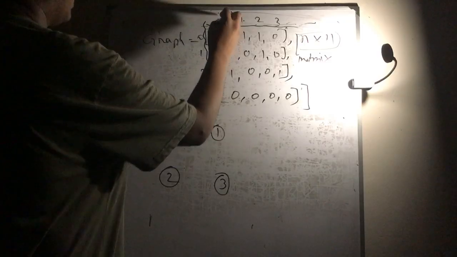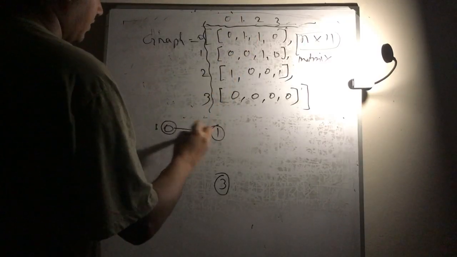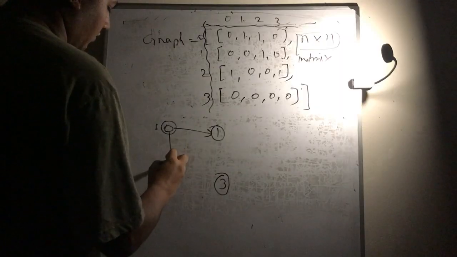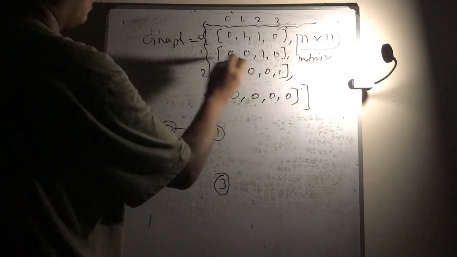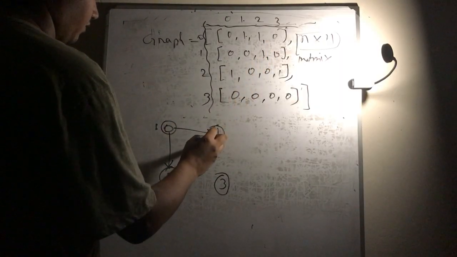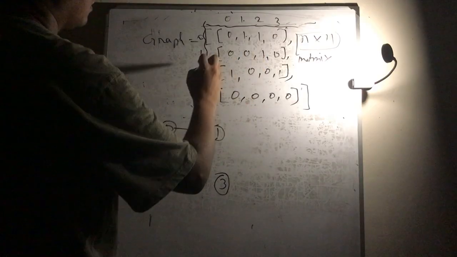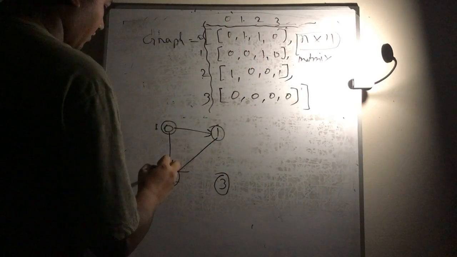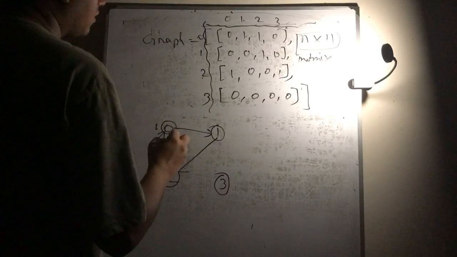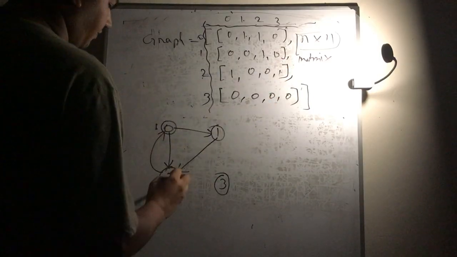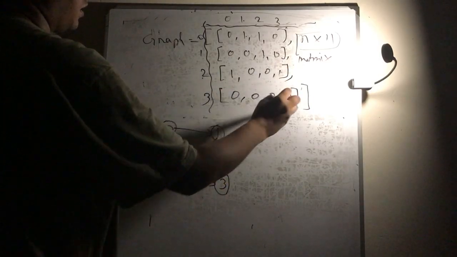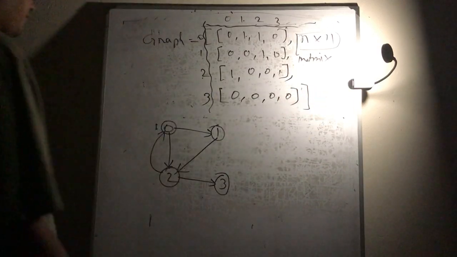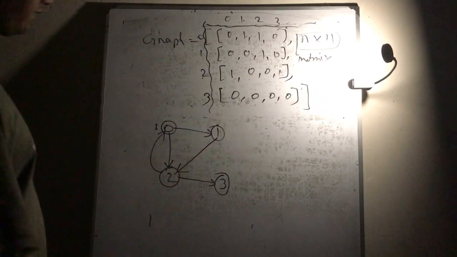From 0 there is a path 0 to 1, there is a path 0 to 2, 1 to 2, 2 to 0, 2 to 3. 3 has no outgoing edge. This is the graph given.